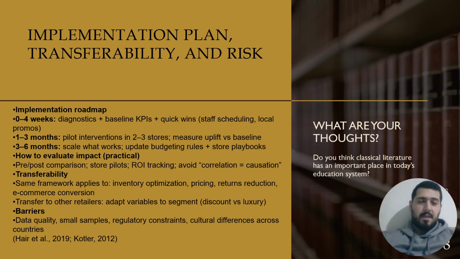From months 3 to 6, successful interventions can be scaled across the network, and the company can formalize updated budgeting rules and the store playbook that documents best practices. For evaluation, the focus should be on measurable impact, pre-post comparisons, pilot-based learning, and return on investment (ROI) tracking, while avoiding the trap of assuming correlation proves causality.